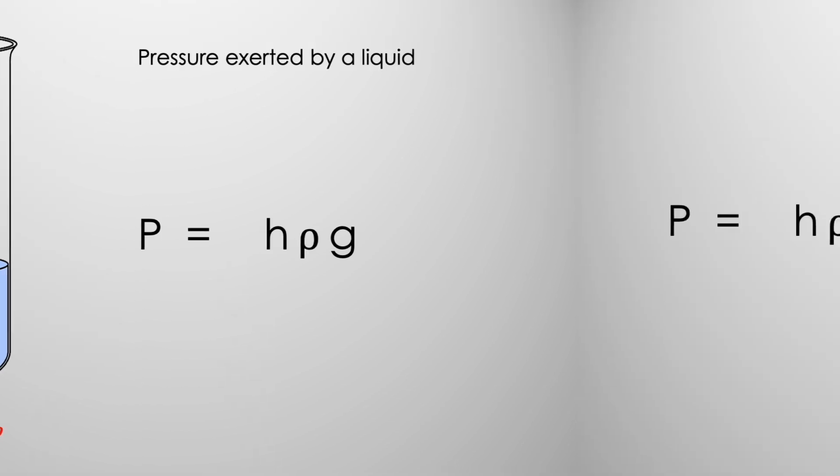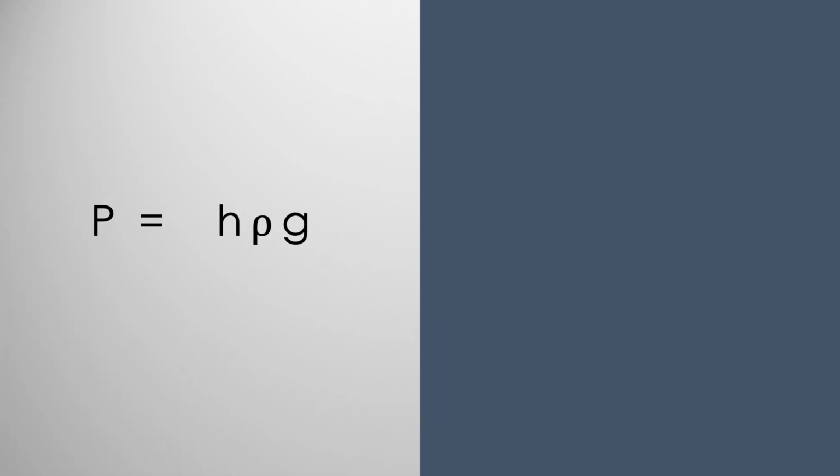Now let us analyze and interpret the equation P equals h rho g. In this equation, g is a constant, since g is the acceleration due to gravity. Hence, it is very easy for us to conclude that liquid pressure is directly proportional to the density of the liquid, and that liquid pressure is also directly proportional to the height of the liquid column above a point.